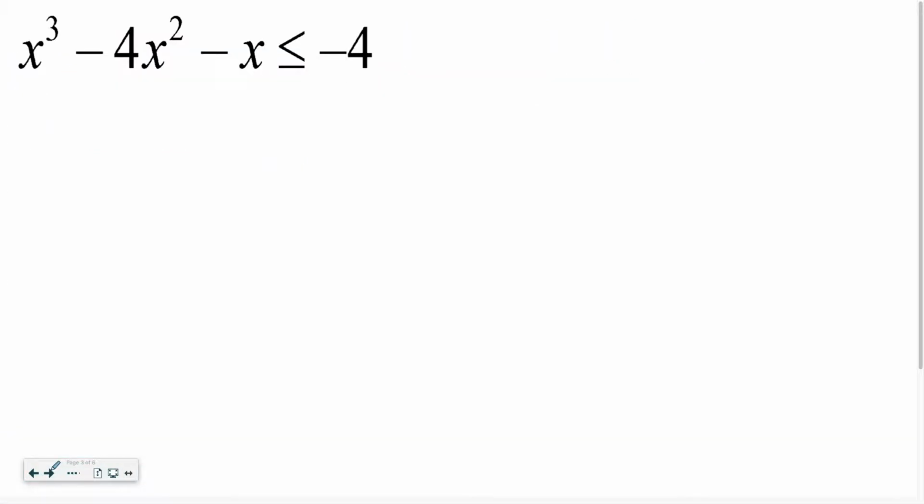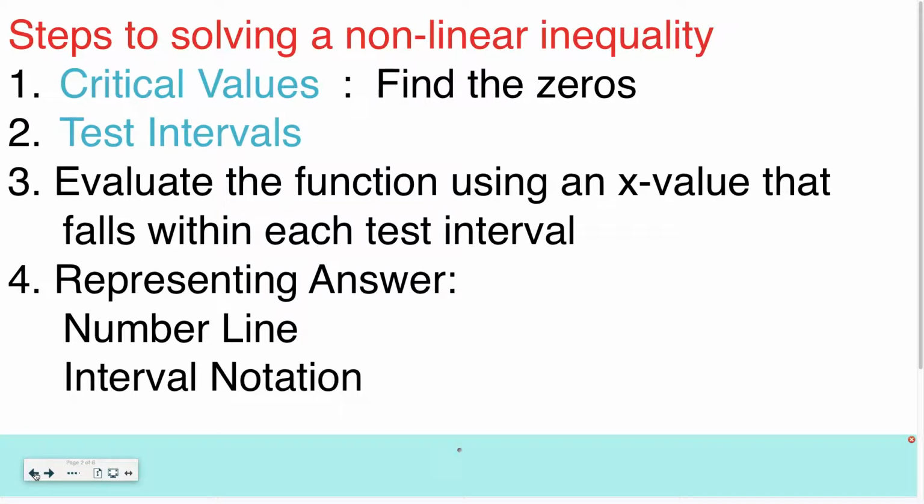All right, so here is our first polynomial example. Before we start finding our critical values, maybe you want to put a step 0, compare to 0, so that you don't forget.